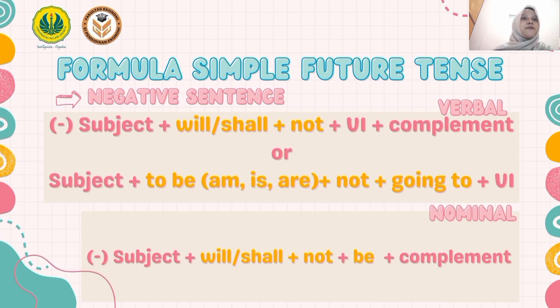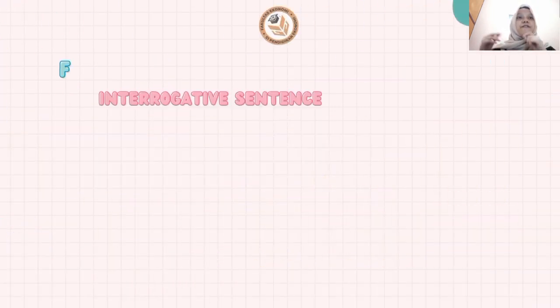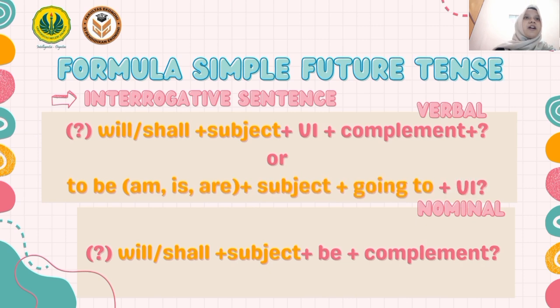And then the last, for the interrogative sentence, for the verbal, there are will or shall plus subject plus verb 1 plus complement, or to be plus subject plus going to plus verb 1. And then for the nominal sentence, there is will or shall plus subject plus be and complement. So for the example, I will give an example in the next slide.